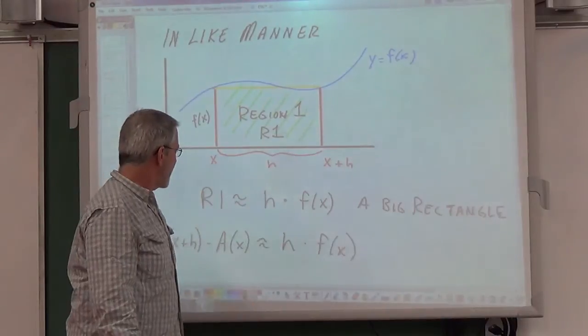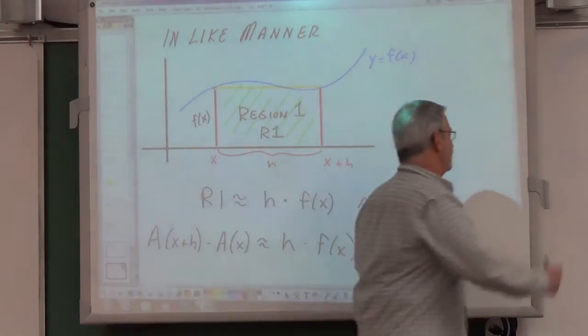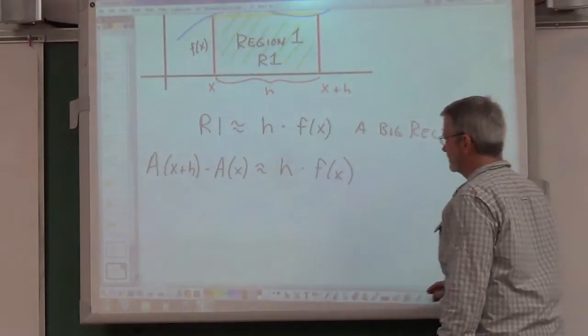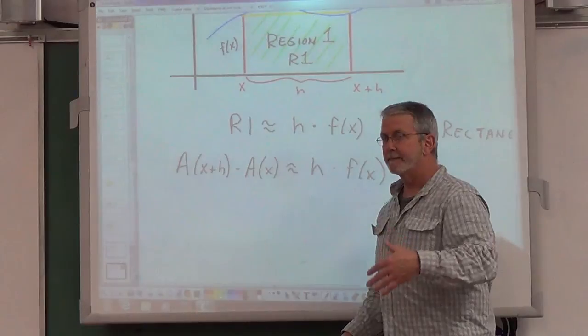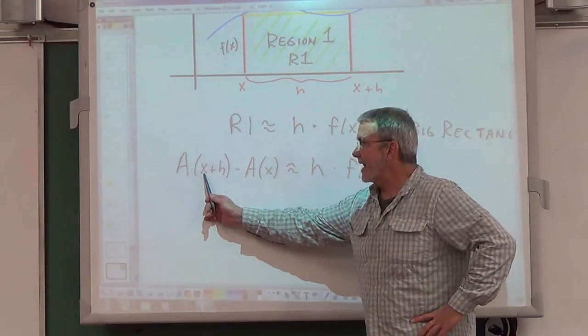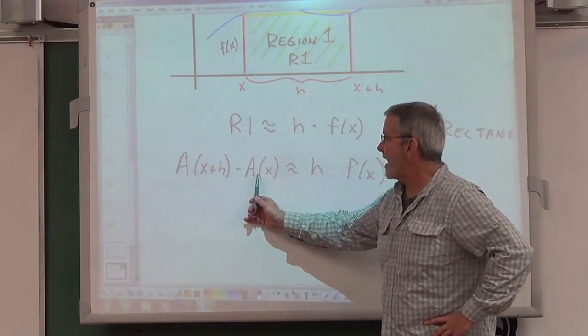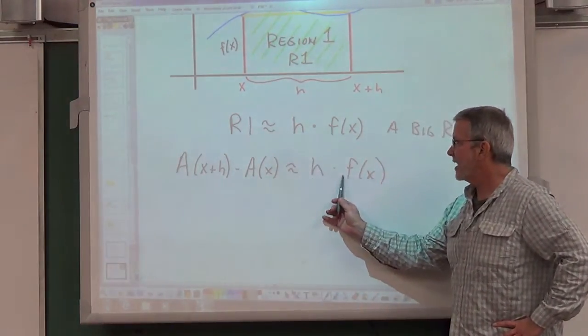R1 is approximately that. Well, what does R1 equal? Well, we saw in the previous slide, I get a little worked up on this, so I apologize, R1 equals A of x plus h minus A of x, which is approximately this rectangle, which is h times f of x.